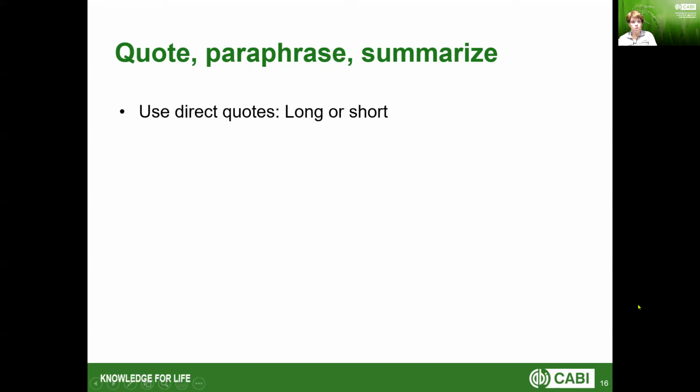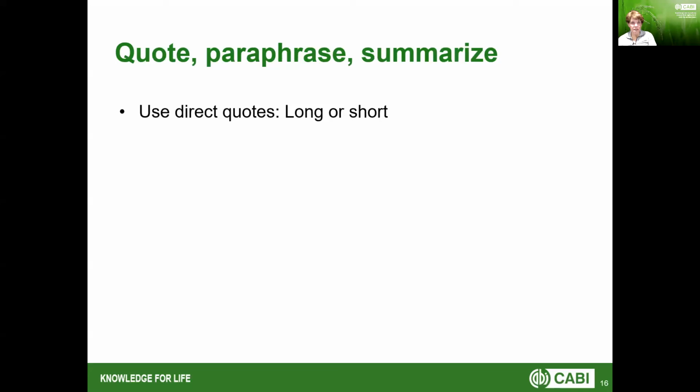If you quote directly, you have to use quotation marks and make sure that you use the original author's words exactly word for word. And you can use a long quote or a short quote.